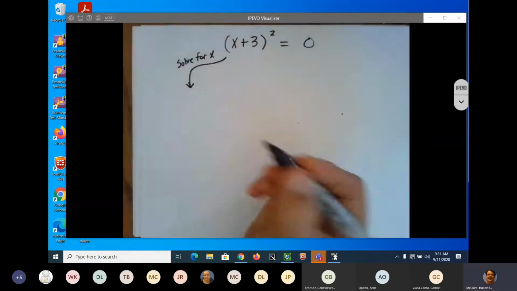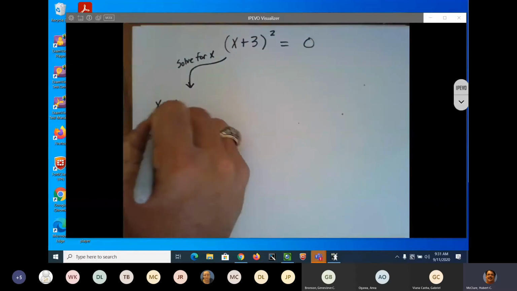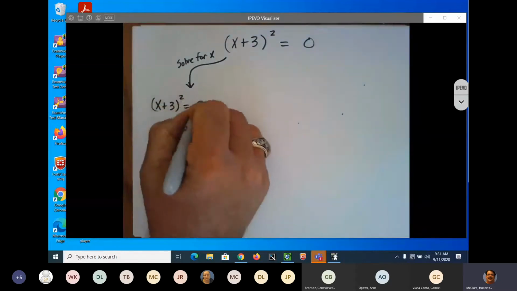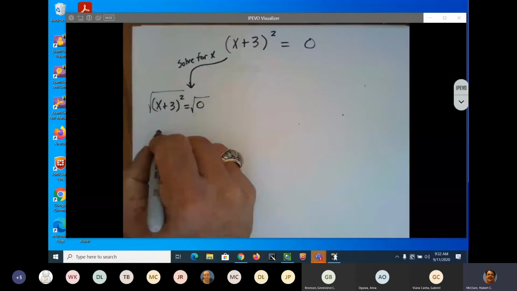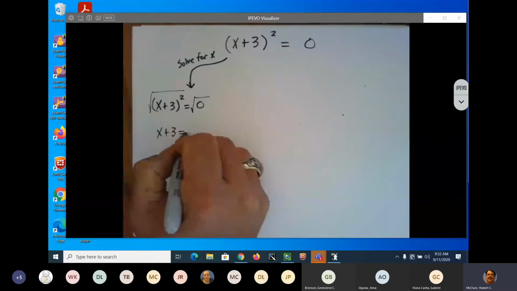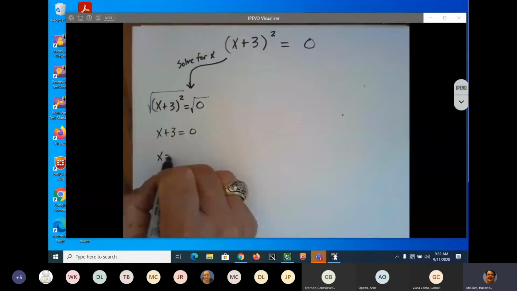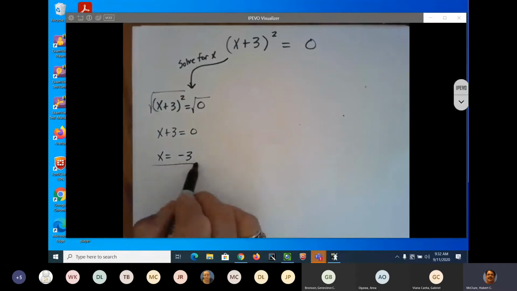So x plus 3 quantity squared is equal to 0. Take the square root of both sides. x plus 3 is equal to 0. x is equal to -3. So that's our x-intercept.